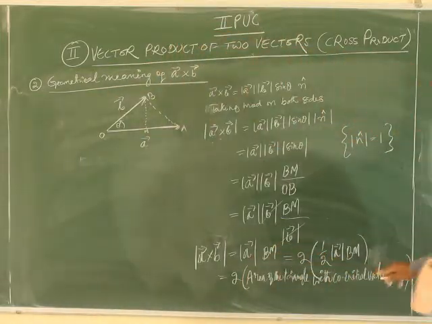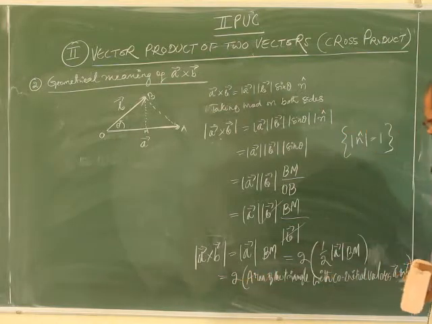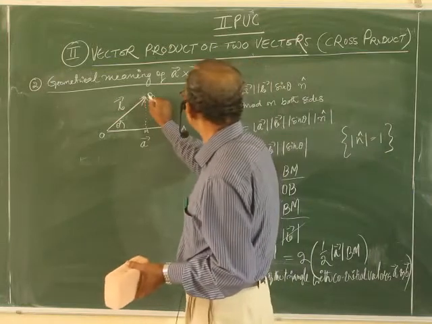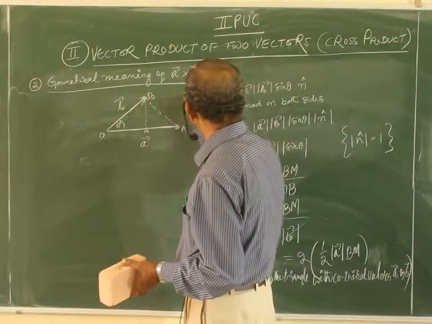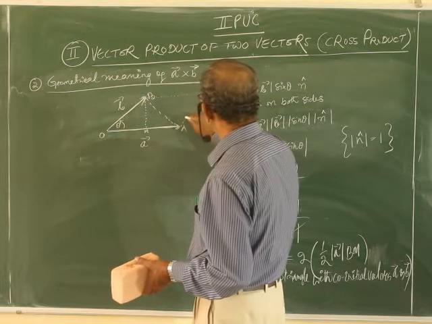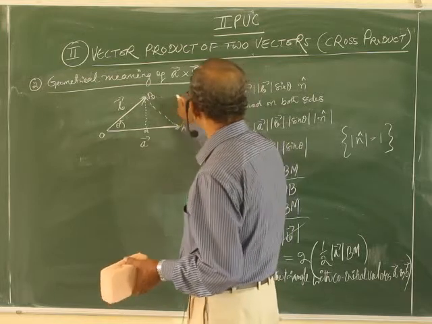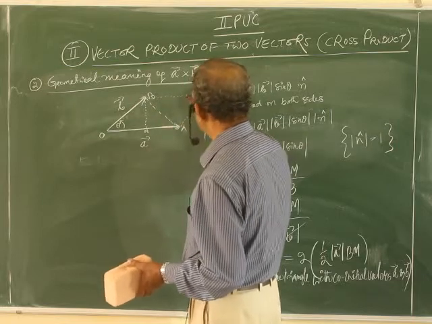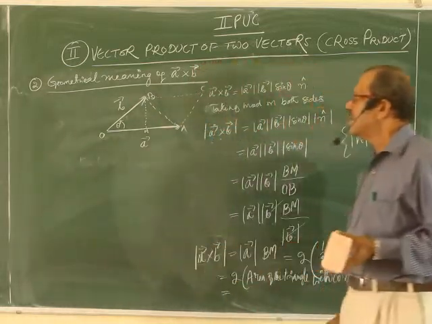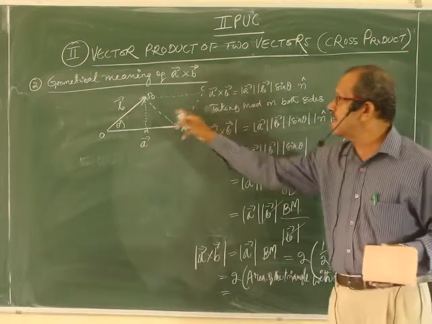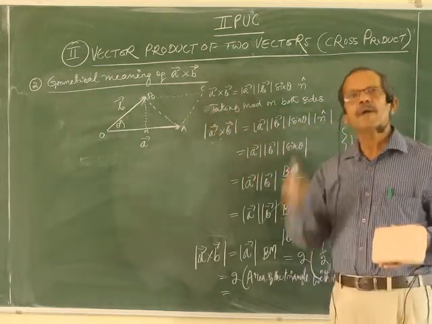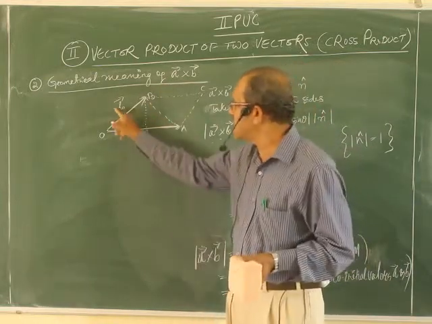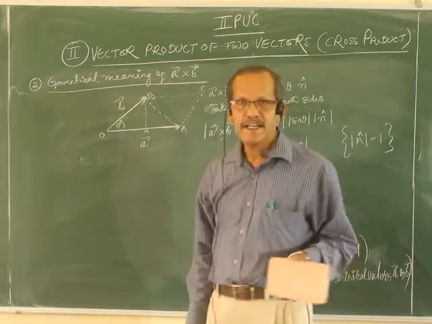But better to write, instead of writing 2 times the area of the triangle, why can't I write the area of the parallelogram with the co-initial vectors A and B? 2 times OABC.